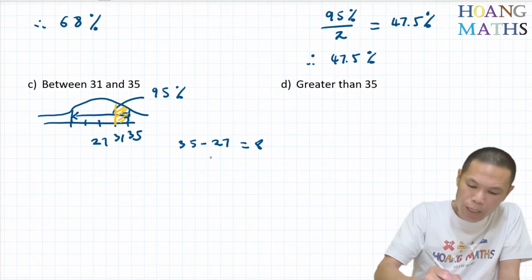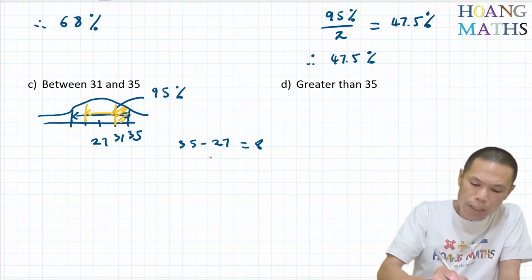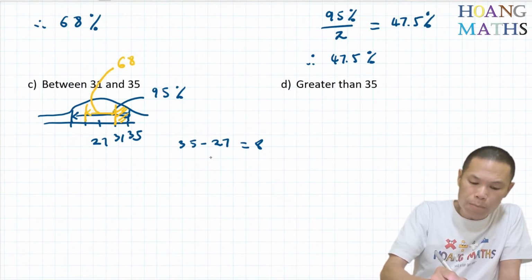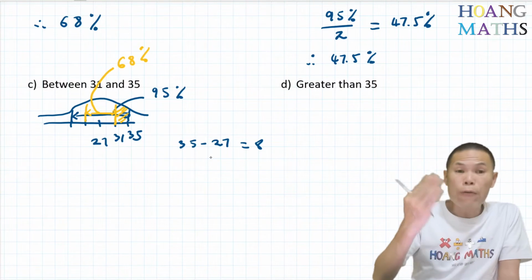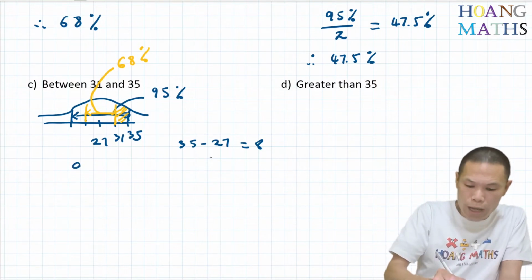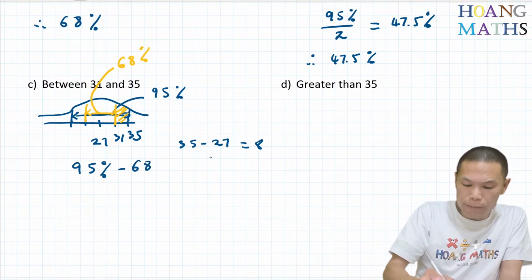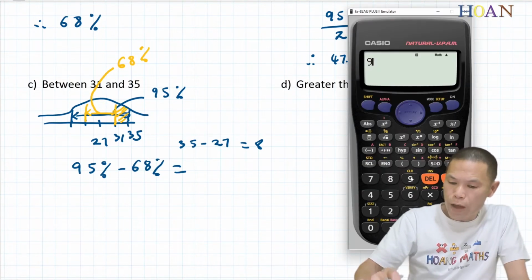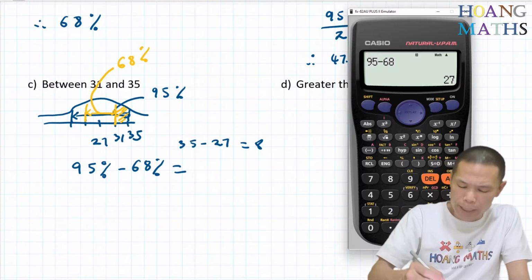This is what we're after. And we know that within 1 standard deviation from the mean is 68%. So therefore, to work it out, we just go 95% minus 68%. So just go 95 minus 68. So that is 27%.